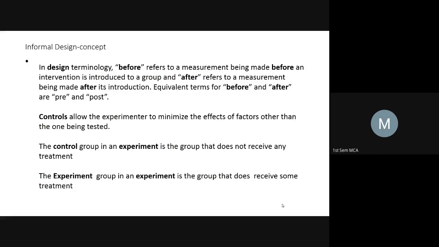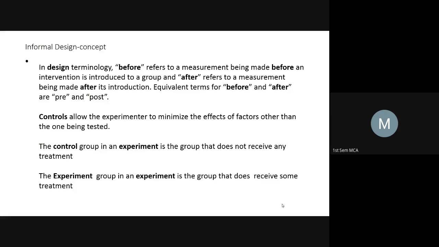Group 1, Group 2, Group 3, Group 4. So in a given set of 50 students, I was telling 35, only 15 students will be getting some training. Only 35 students will be getting another training. I mean, they do not get any other training. It's a very generic group. So that 35 is called the control group.